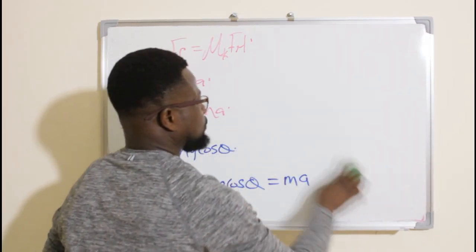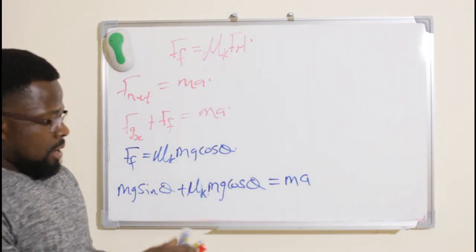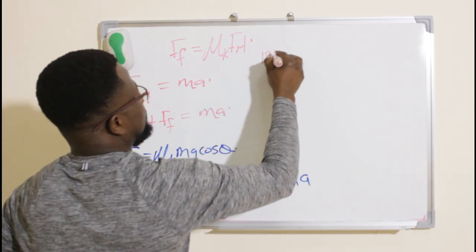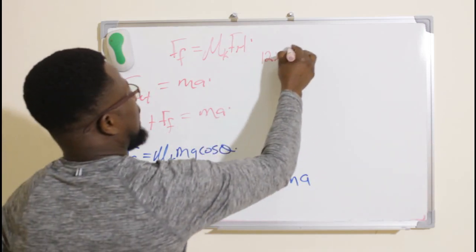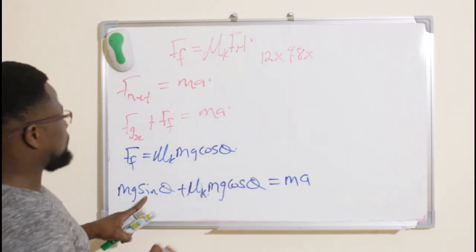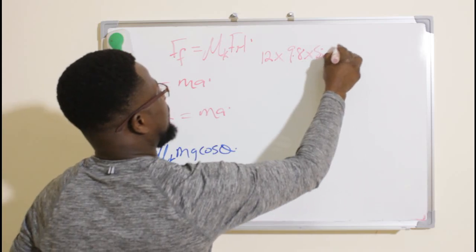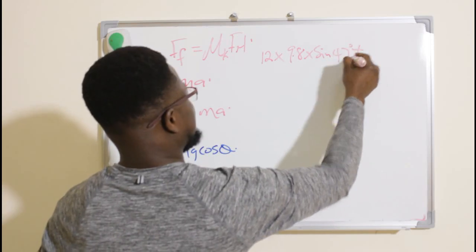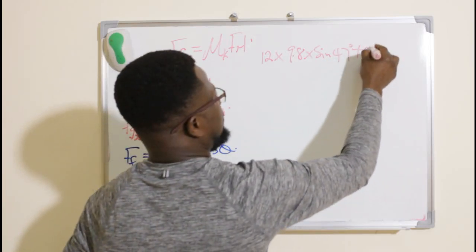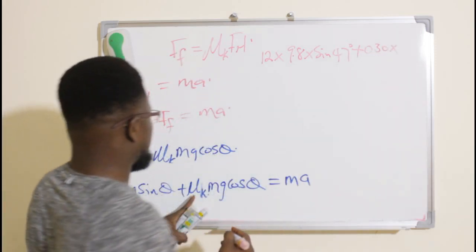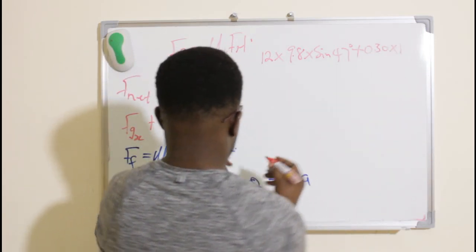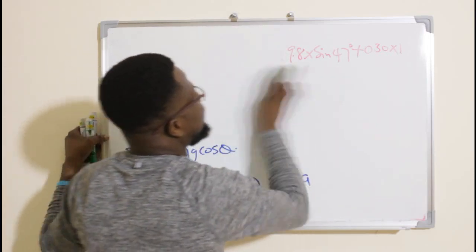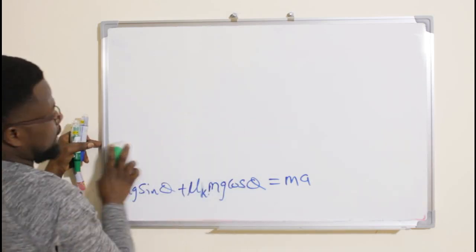Continue. The mass is given, 12, multiplied by 9.8 multiplied by sine of the angle, which is 47 degrees. And then plus the mu was given, 0.30, multiplied by the mass, which is 12. My board is full, so let me create more space by cleaning the whole thing here so I can get in everything.